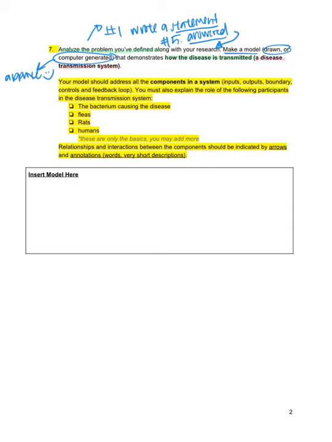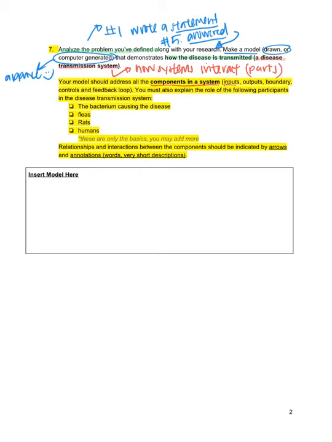Now, this assessment is going to analyze your ability to demonstrate how systems interact, okay, as well as your knowledge of the parts of a system. All right, so you should address all of the parts of a system.